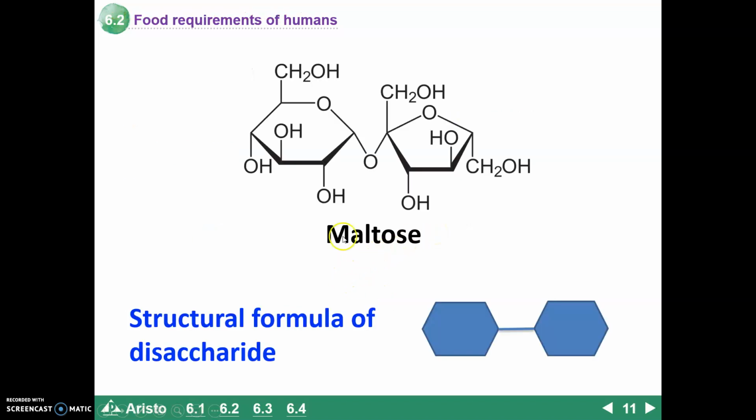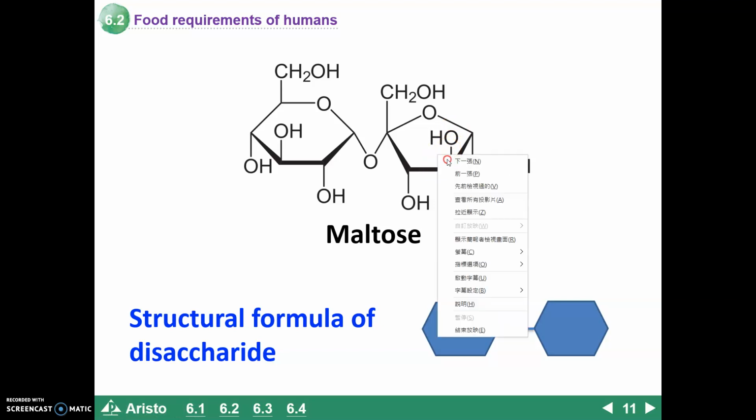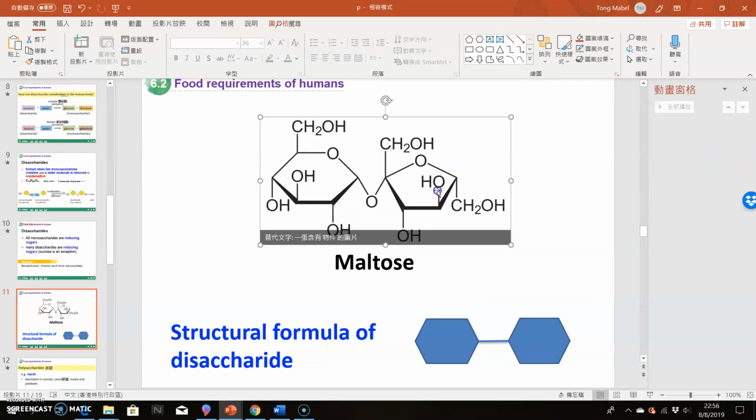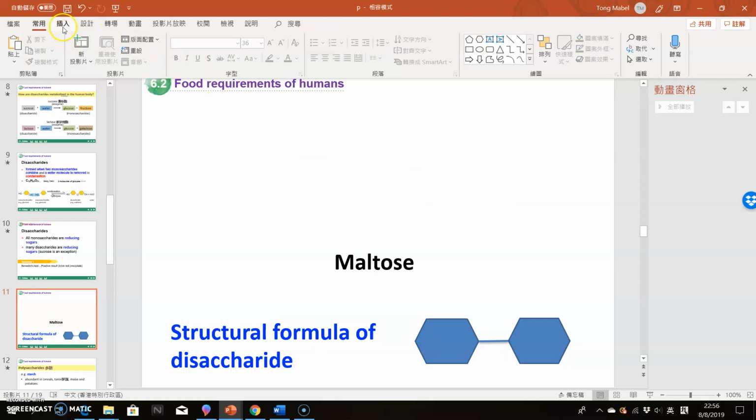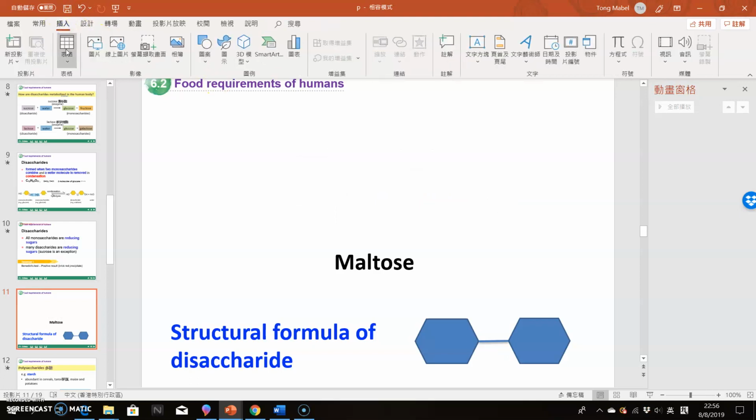Oh no, I want to show you this picture, the structural formula of maltose, with one hexagon here and another. Oh no, this is not maltose. I'm sorry, this is not maltose. I have to remove this picture and add another picture.